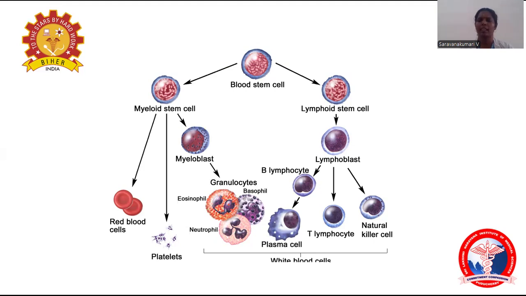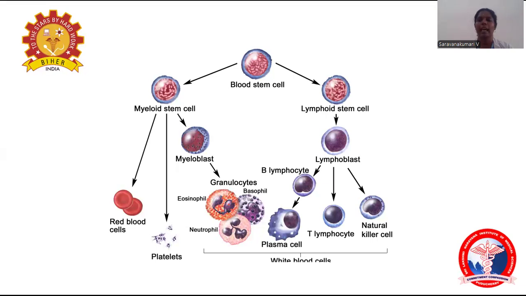So what is a plasma cell? Where is its origin? Plasma cells are derived from the blood stem cells. These blood stem cells differentiate into lymphoid stem cells, and lymphoid stem cells further differentiate into lymphoblasts, and then into B lymphocytes, T lymphocytes, and natural killer cells.